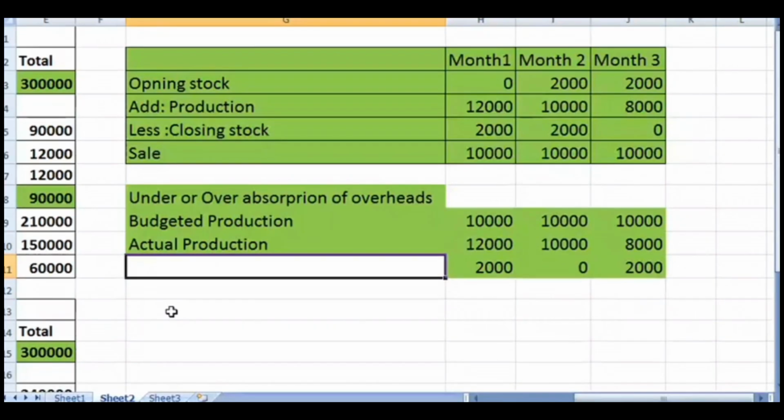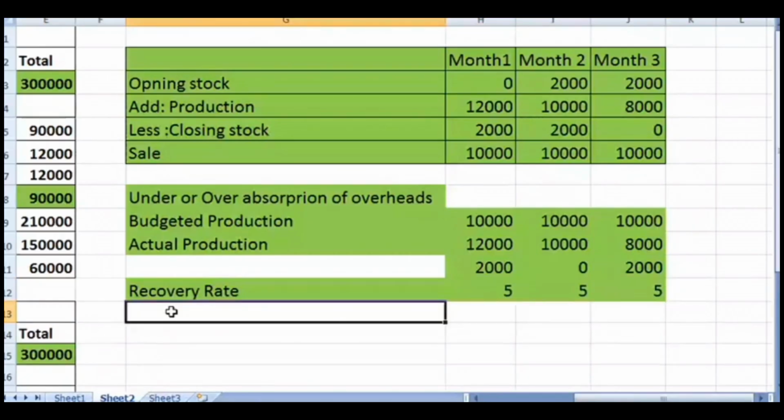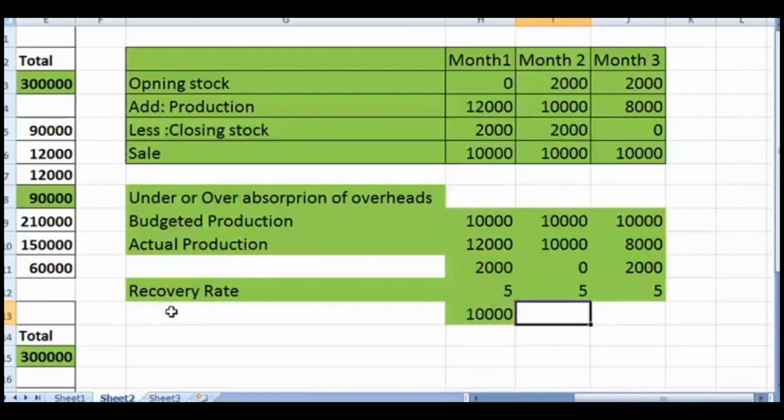So what was the recovery rate? 5 rupees. Yes. So 2,000 into 5 is 10,000, 0 and 10,000.